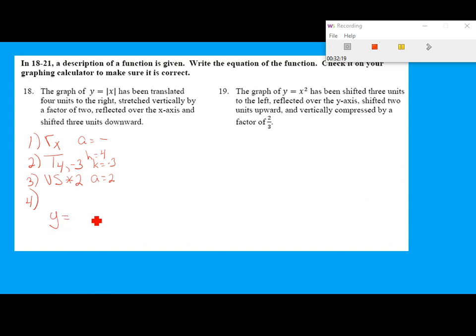Y equal, there's a negative out there to make it reflect over the x. My parent function is the absolute value. I'm going to have an x minus 4. That will make it go to the right. -3. And to vertically stretch it by a factor of 2, I need a 2 right there. So that's what that one looked like.